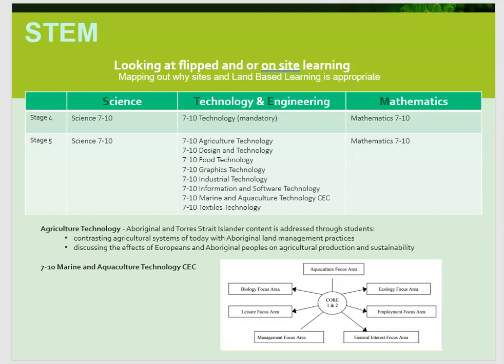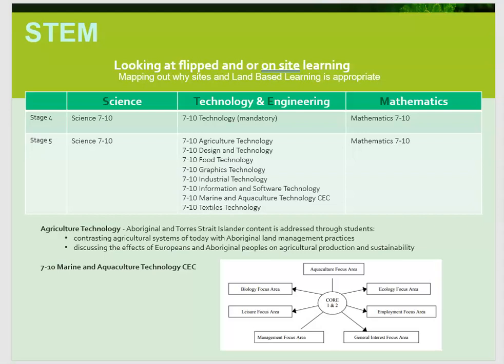And for those coastal schools, we see 7 to 10 marine and aquaculture technology. So there are many opportunities to include Aboriginal communities, but also to include Aboriginal ways of knowing.